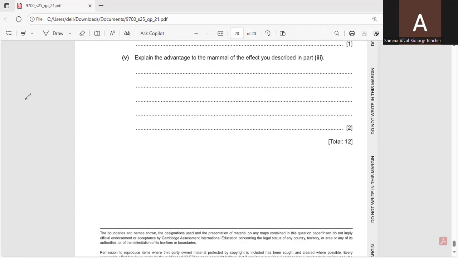The advantage of the Bohr effect is that it enhances the unloading of oxygen where it is most needed.